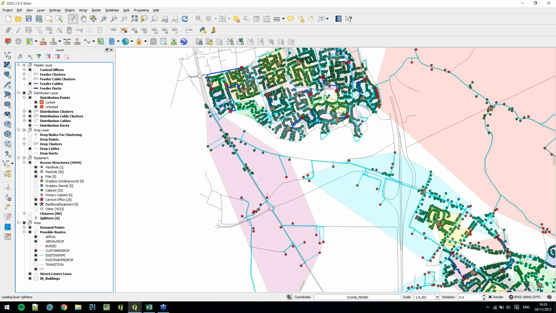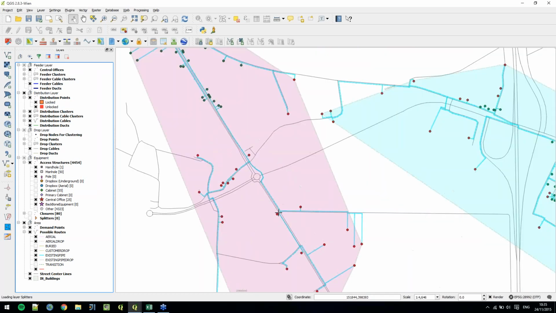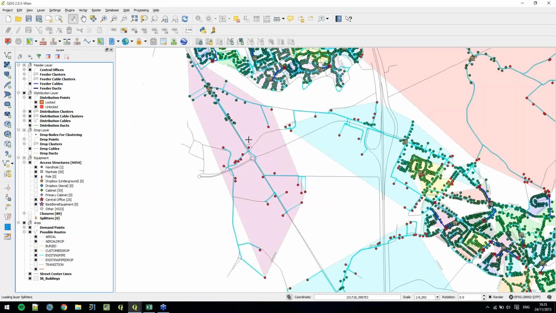If we have a look at this rural part here, what you see is that we set a minimum amount of homes for placing a new node. So the red buildings fall outside of the 400 meter cap that we configured, because we configured that the minimum amount of homes should be around 34.